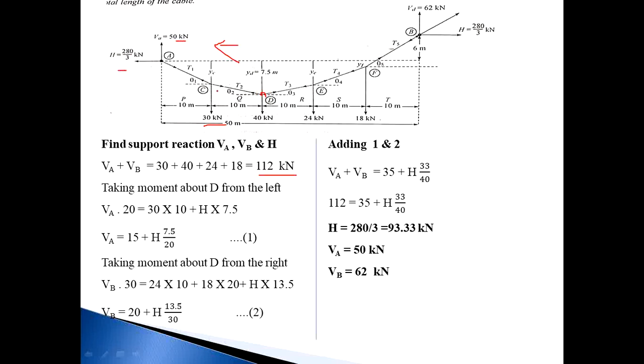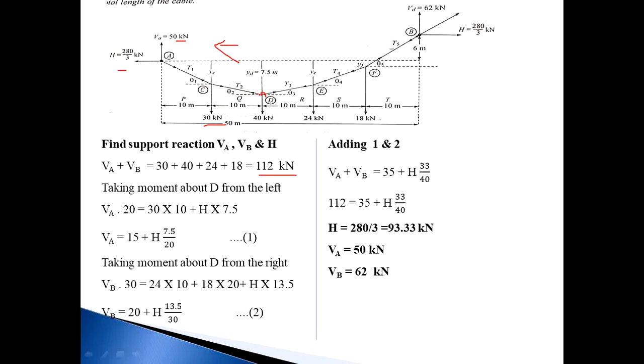So the direction of the moment for this 30 kilonewton with respect to D is anti-clockwise. The direction of the horizontal force with respect to D is anti-clockwise, and the direction of the moment for reaction VA with respect to D is clockwise. So the 30 kilonewton and horizontal force moments plot on one side and the VA reaction plots on the other side.